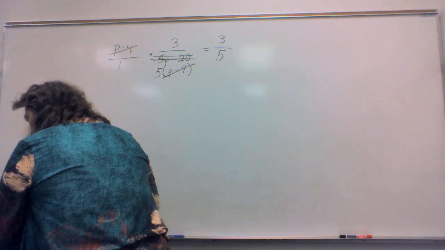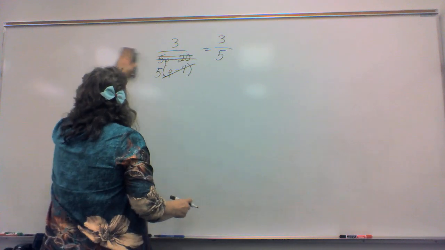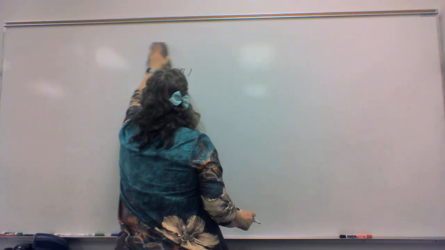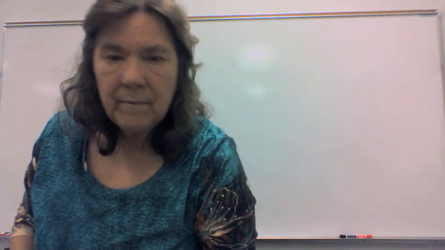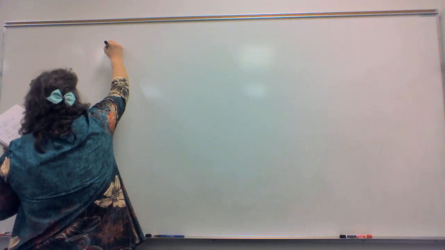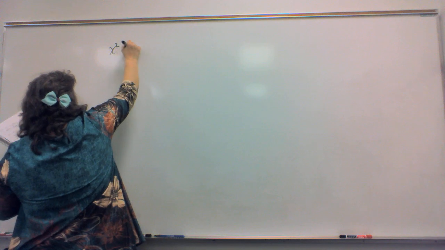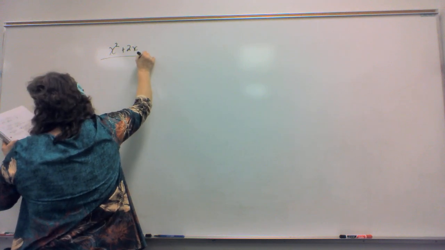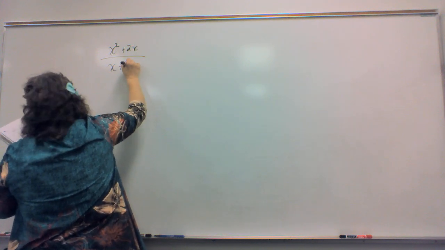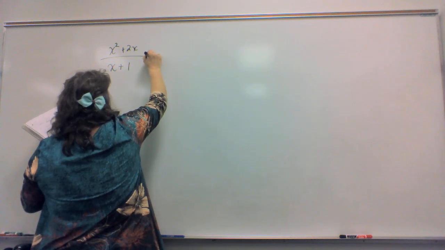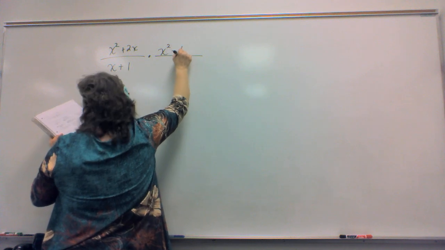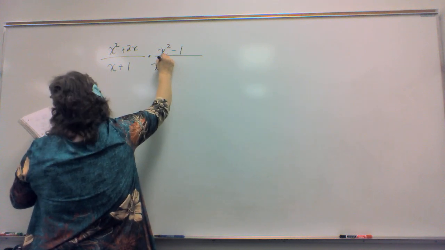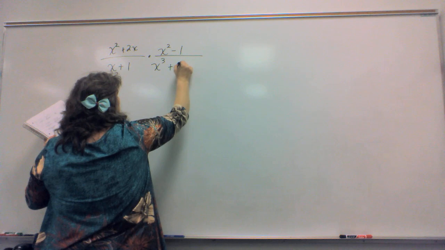Okay, let's look at another one. Just one more of these for multiplication. So we have x squared plus 2x over x plus 1, times x squared minus 1 over x cubed plus x squared.